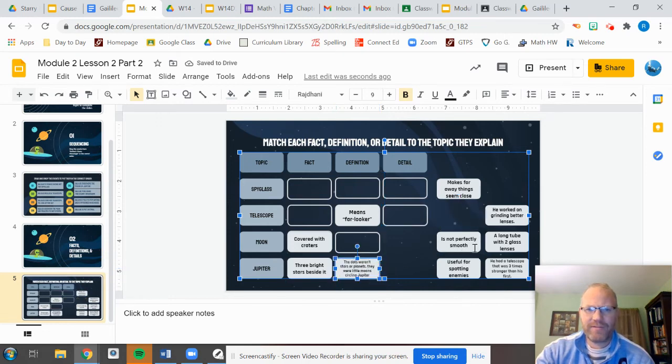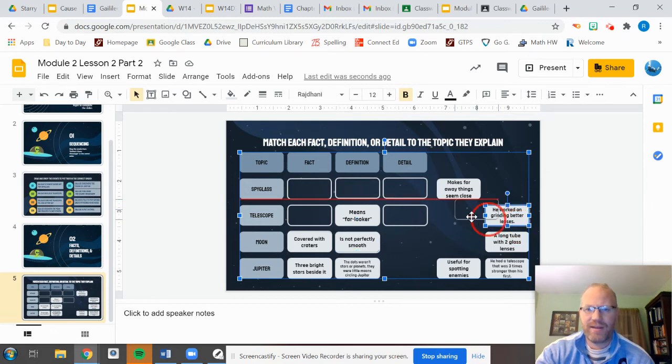It's not perfectly smooth. That is the moon. The moon is not perfectly smooth. Now, is the not perfectly smooth a fact or is it a definition? Well, one of the facts was that it was covered with craters. The definition of the moon is that it's not perfectly smooth. Next, he worked on grinding better lenses.